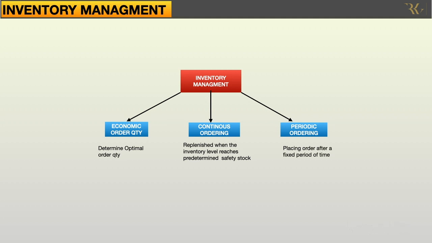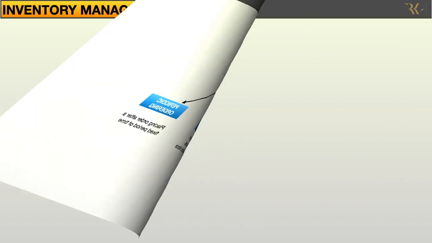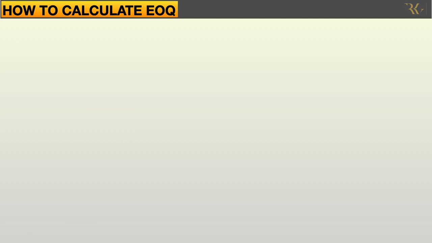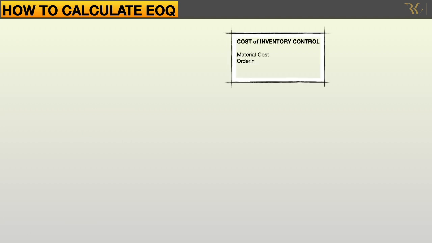In continuous ordering we define a safety stock of an item in our store. Then if the item reaches that level, we give the order to the supplier for the supply of the material. In periodic ordering, we order after a fixed period of time. How to calculate EOQ? Cost of inventory control contains four costs: material cost, ordering cost, carrying or holding cost and stock out cost.